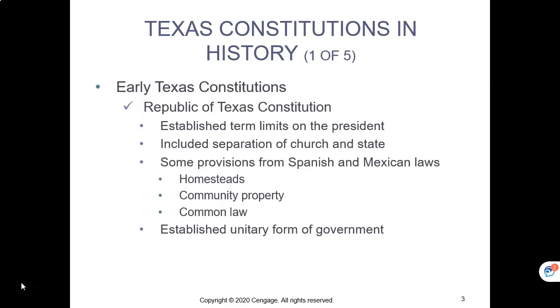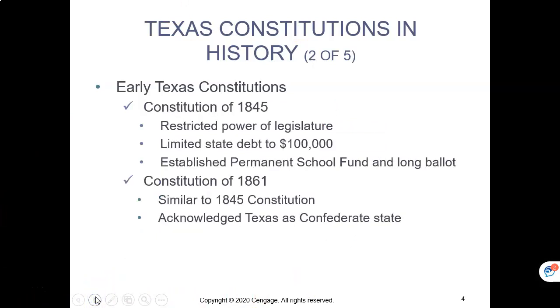So Texas did not master the art of being an independent nation. And to be honest with you, on several occasions, they approached the United States and were like, hey, what about now? What about now? And eventually the United States said, sure, okay, why not?